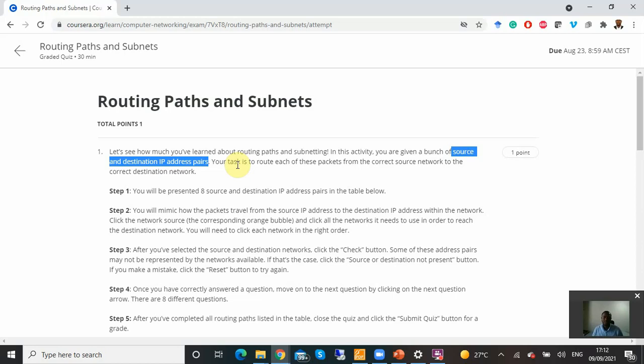Let's look at an example of you trying to send an email to a friend. Your own IP address becomes the source IP address, and your friend's computer, where the email will be sent to, becomes the destination IP address. That is his own networking connection.